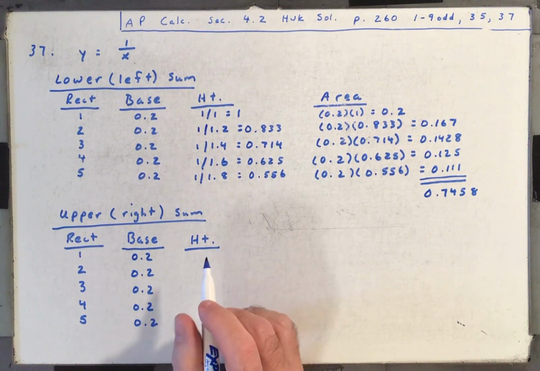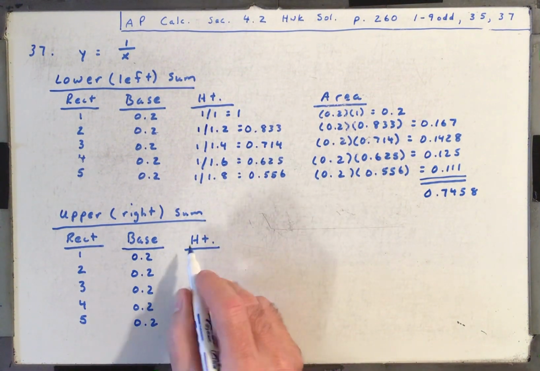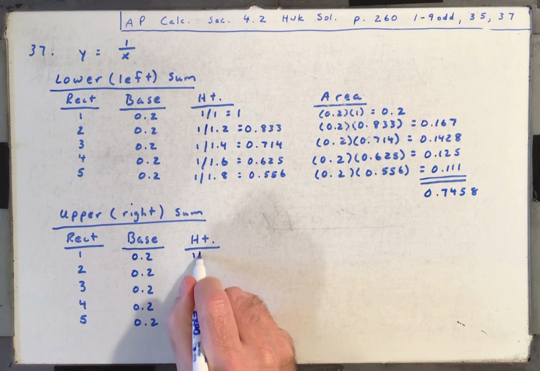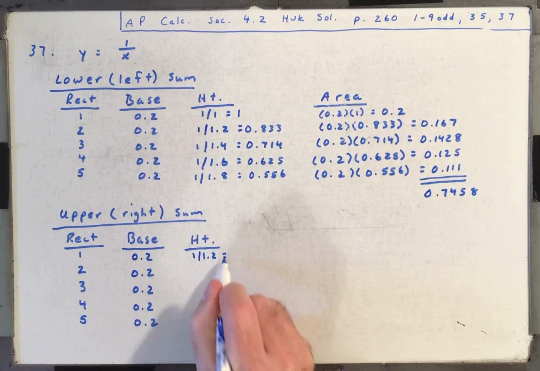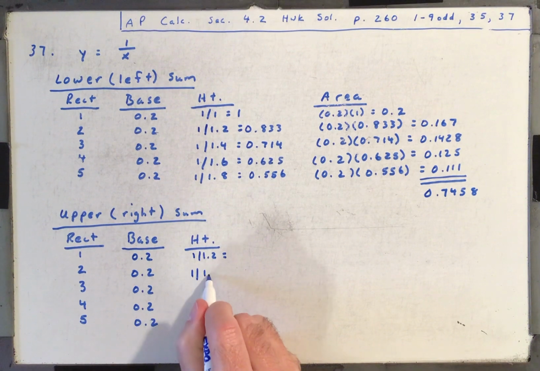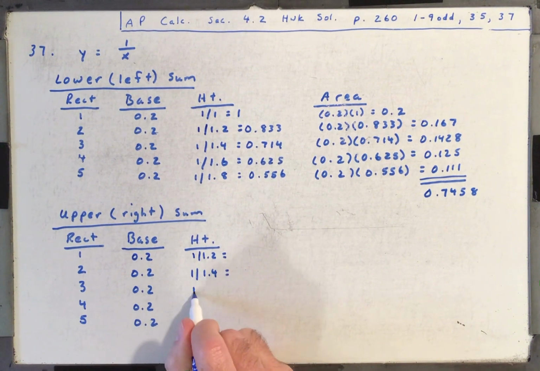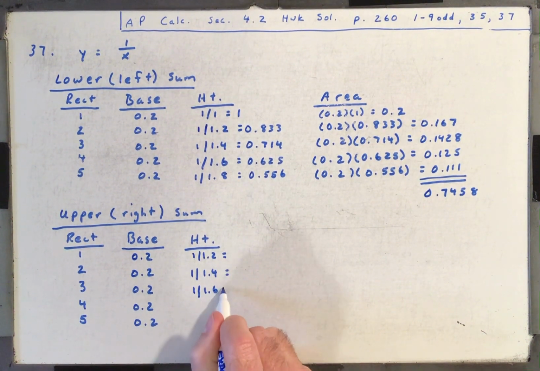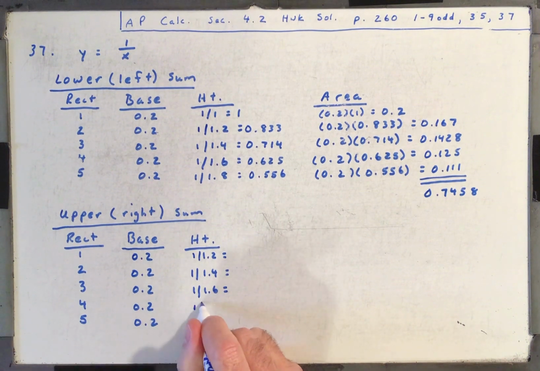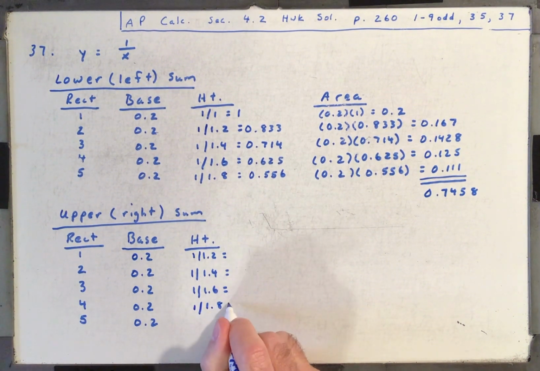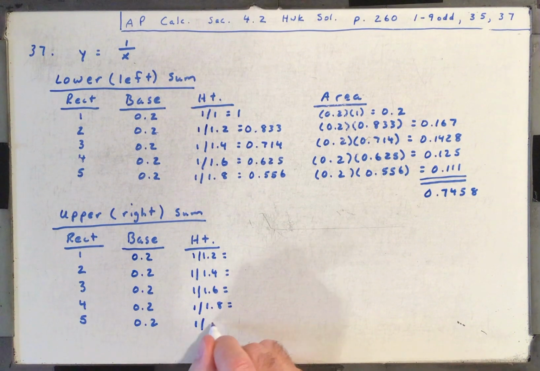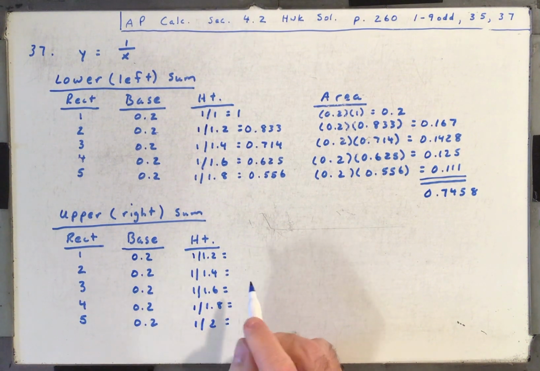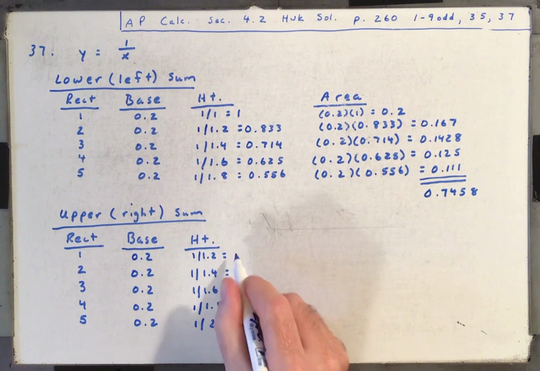All right, so we would have 1 over 1.2, and 1 over 1.4, 1 over 1.6, 1 over 1.8, 1 over 2.